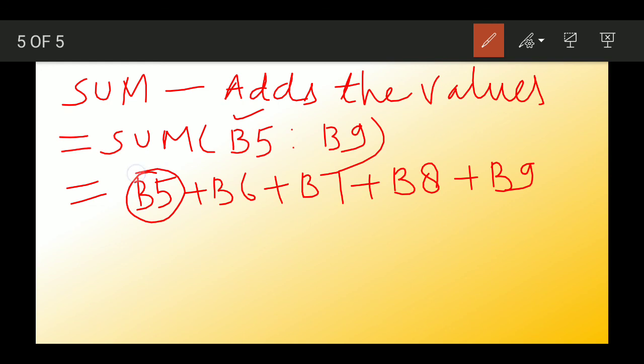This is the first value, first cell reference, and this one is the last cell reference B9. So both are the same, but the first one is the simple one. This is the function, and the second one here is a formula. Okay.